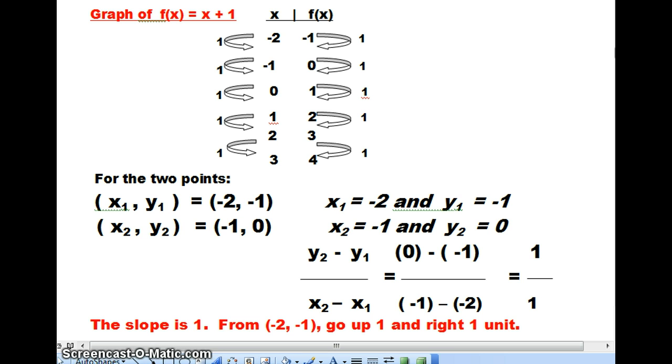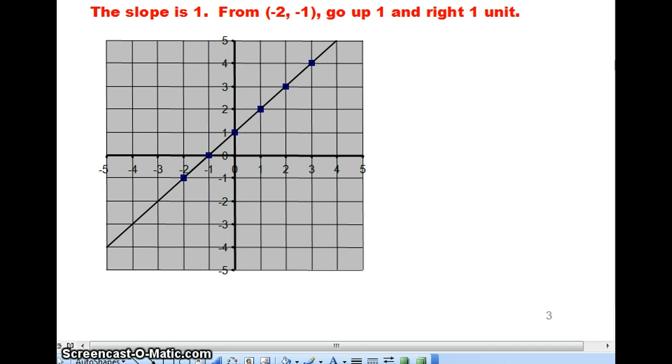Filling in the blanks with the numbers there, we get 0 minus negative 1, which is positive 1, and on the bottom, minus 1 minus negative 2, which is minus 1 plus 2, equal to 1. So we get a slope of 1. Here's our graph of that line, and if you start at the point negative 2, negative 1, you can see that you can go up 1 and right 1 every unit to get to the next point.